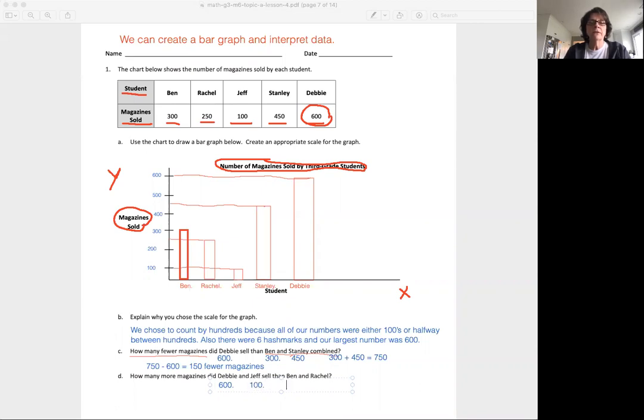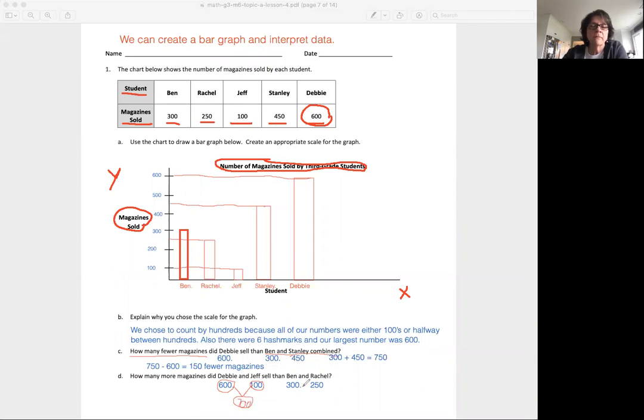Ben, if I go back up to the chart, I can see that he sold 300 and Rachel sold 250. So I'm going to have to write two number sentences for this. I'm going to have to add 600 plus 100. I can do that mentally. So I'm going to do a little number bond here. 600 plus 100, I'll combine that into a part whole. So 600 plus 100 gives me 700. And that represents Debbie and Jeff.